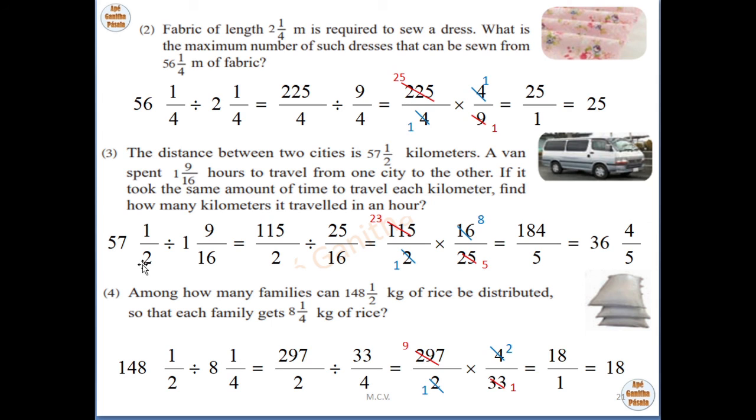57.5 is 57 and 1/2. 57 multiplied by 2, that is 114, and add this one. Then 115. 115 over 2. Divided by 1 and 9 over 16. 16 into 1, 16. 16 plus 9, 25. 25 over 16.